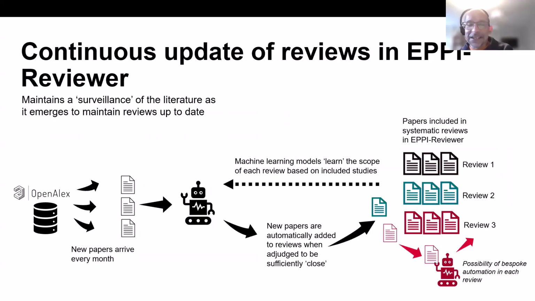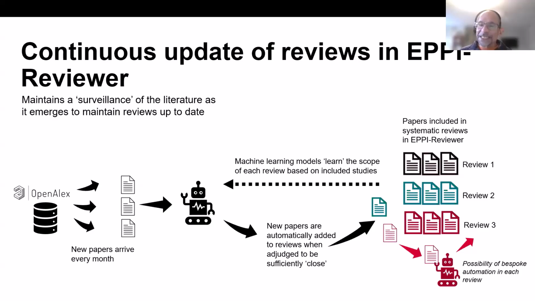So with these kinds of automatic update tools, we get the idea of living reviews. So I've said we can train machine learning models to learn the scope of what you're looking for. So new papers will be automatically added. So you're essentially doing your evidence surveillance automatically. There's no manual going every month to search online databases. This will be done automatically.